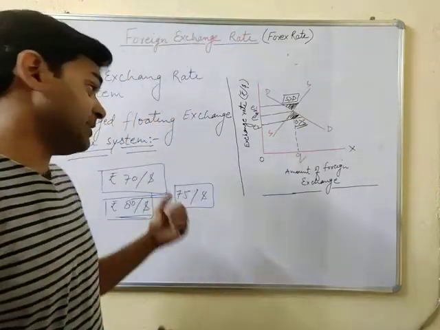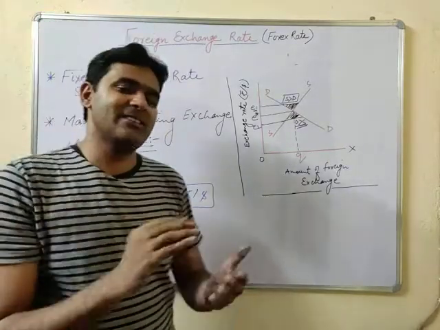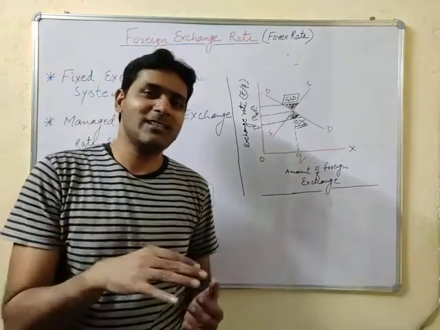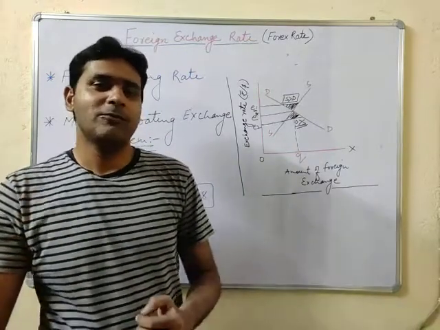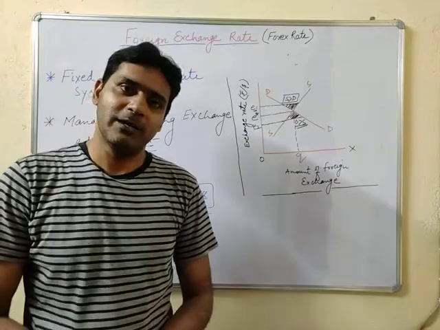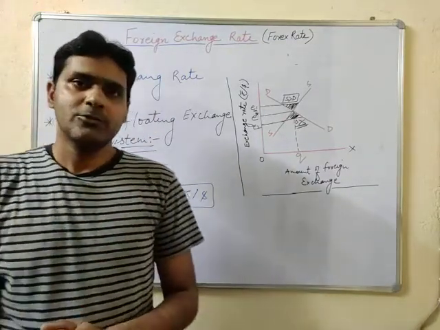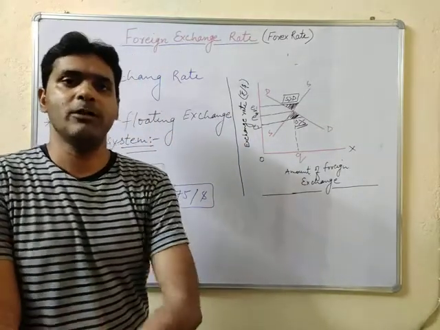That is why it is known as dirty floating. The dirty hand is the hand of RBI in the case of India, or the hand of the Central Monetary Authority of that particular country where this system is implemented or prevails. So this is what the exchange rate is all about.